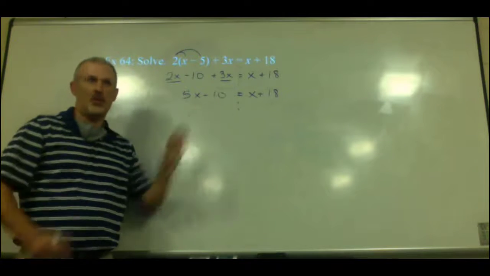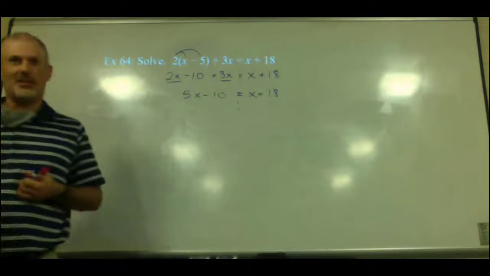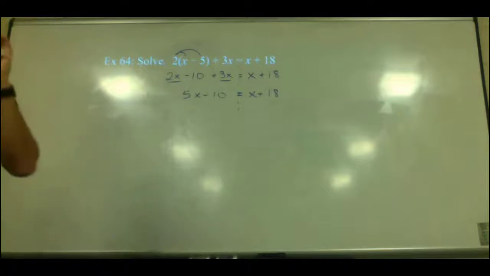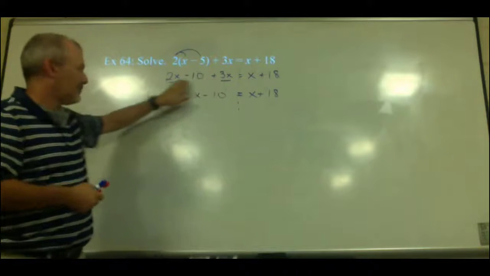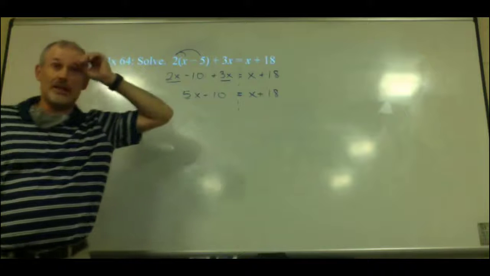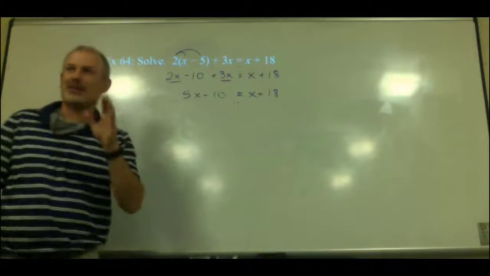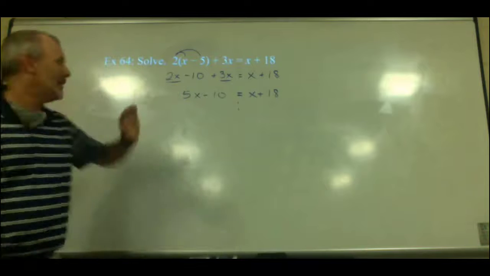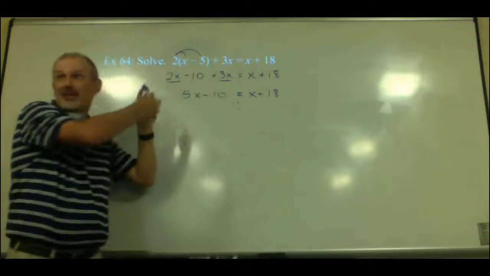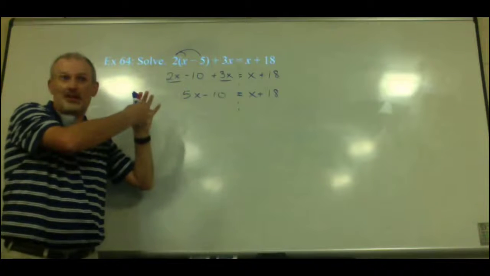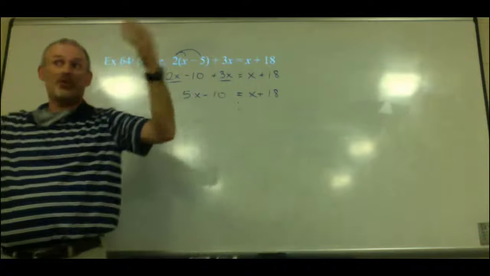No. I want to pause here for a second because this is where my high school students and college algebra students, a lot of times, get mixed up. Because they think, oh, I need to cancel. So I'm going to subtract the 3x here and here. I shouldn't even say that because I don't want to put it in your mind. We are not canceling anything out here. We are just simplifying this left-hand side. Does that make sense? If you're going to cancel, you have to cancel on both sides of the equation.